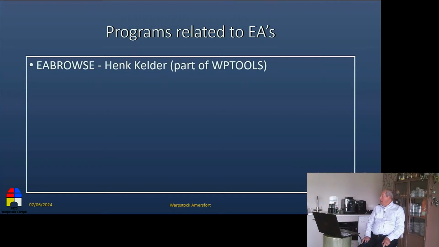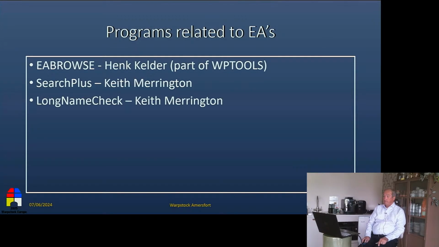If you want to find anything about EAs, there's a number of programs. For example, EA Browse by Henk Kelder, which is part of WP Tools. In Search Plus, there's also a possibility to have a look at extended attributes. I have also made a long name check program some years back.